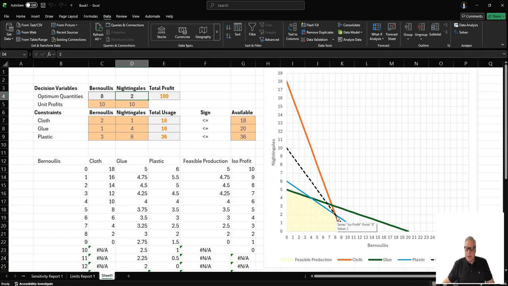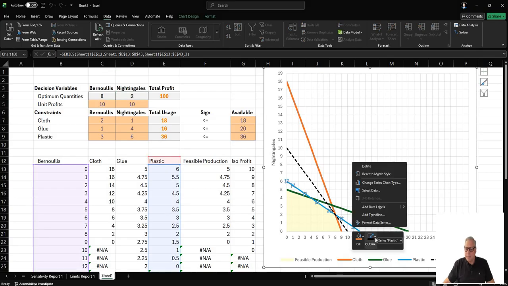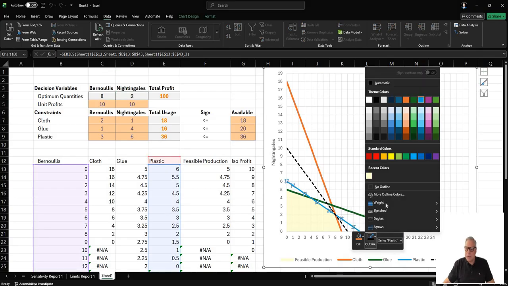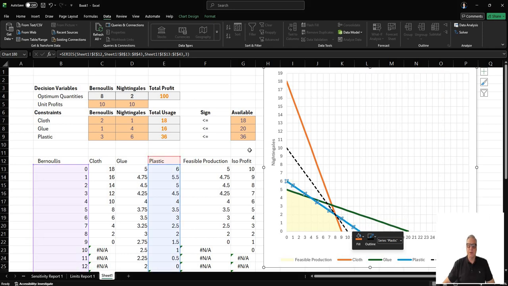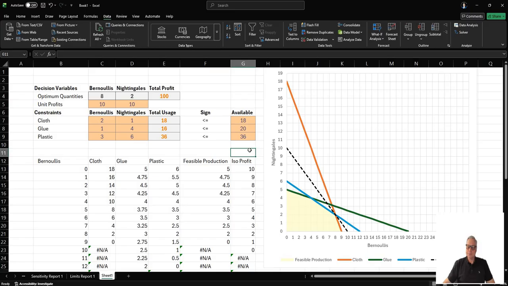And we can indeed see that the cloth constraint and the plastic constraint, they are binding, but there is some slack for the glue constraint. And I just see that maybe I should give the plastic constraint a little bit stronger weight. So that was the answer report.